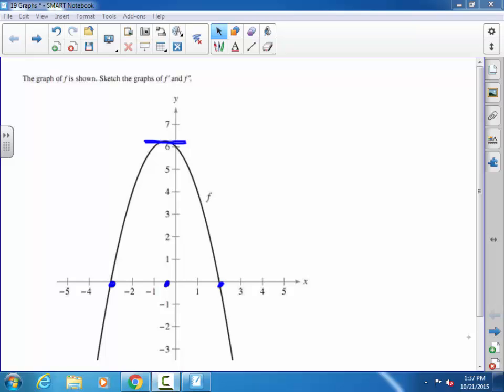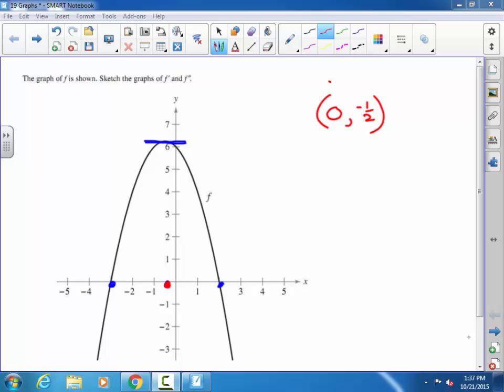Okay, because what's true at the x-axis? Hold on. All right, let's see. This is where it gets tricky here. That point there is what? -1/2, 0. Would you agree with that?